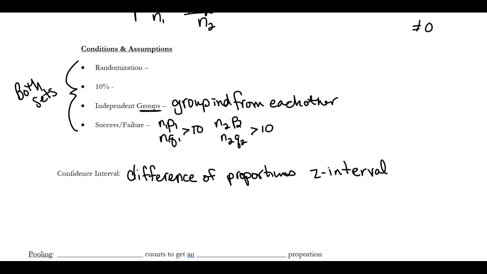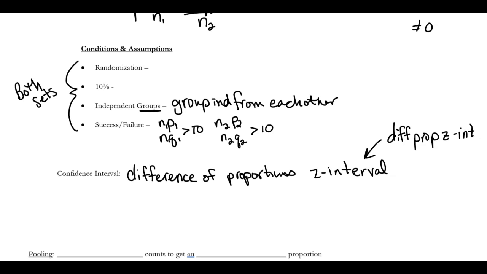So, difference of proportions Z interval. You could abbreviate it a little bit by saying diff prop Z int, but you have to know that there's two proportions there.